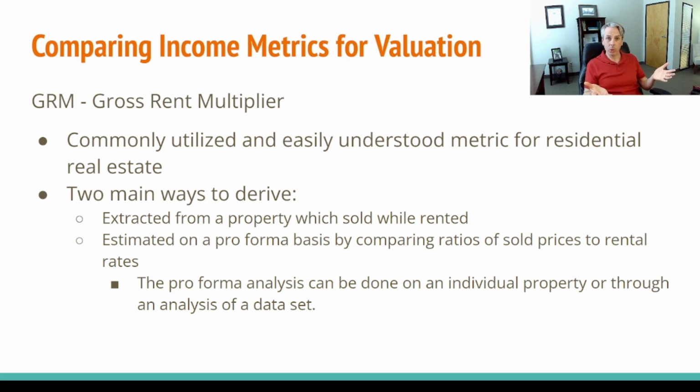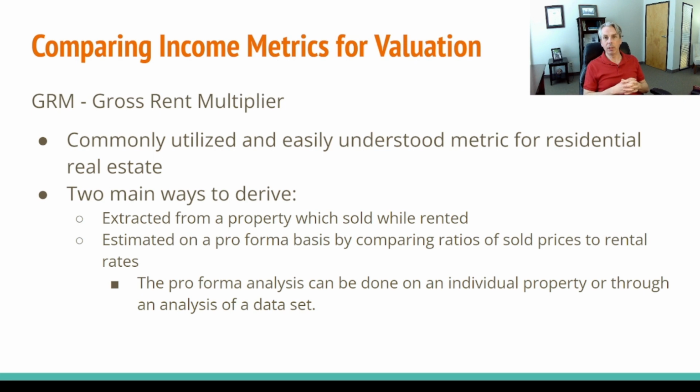Take a home that's sold while it was rented, and you can derive the GRM from that sale. That, like I say, is the textbook, but that does kind of have more downsides in that the rental rate when a home sells is not always a market rental rate. In fact, a lot of times it's not, in my experience.